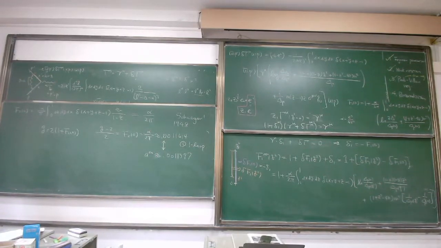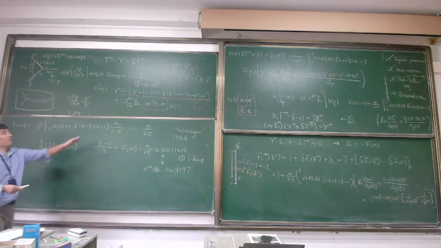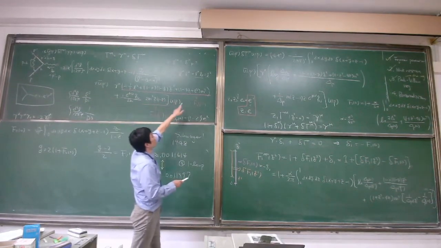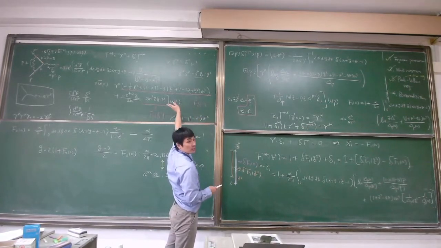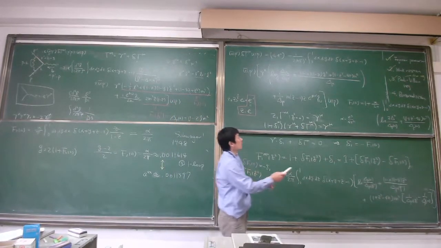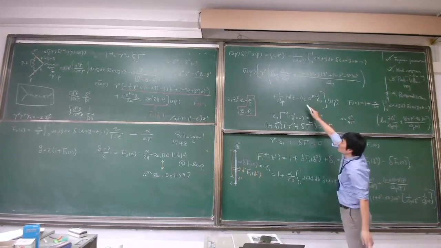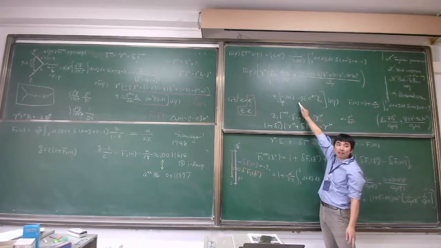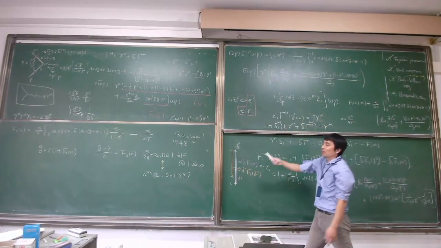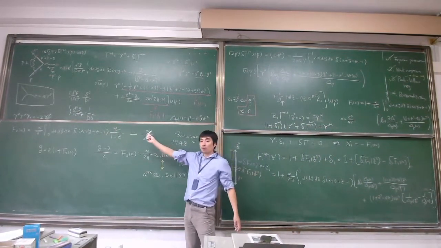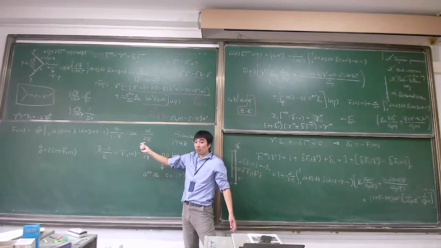So even though it's finite, we know that F1 has a UV divergence, F2 doesn't have a UV divergence. But it's finite, and there is some contribution coming from quantum effect here. So you can easily see the quantum effect is alpha over 2 pi to the anomalous magnetic moment.